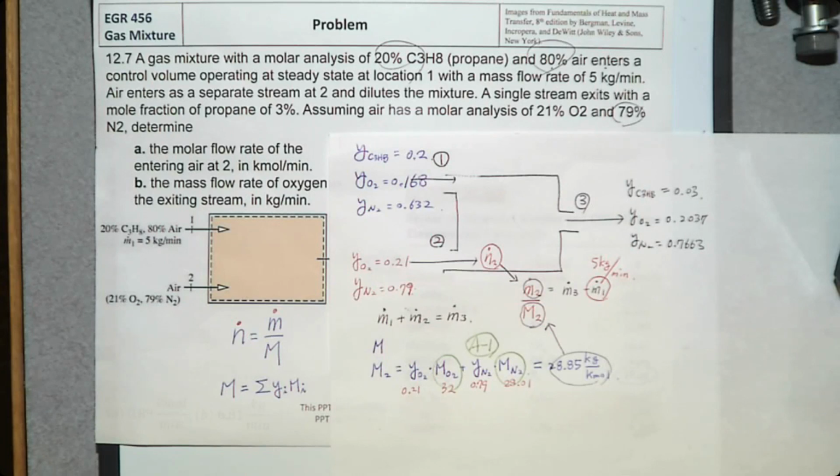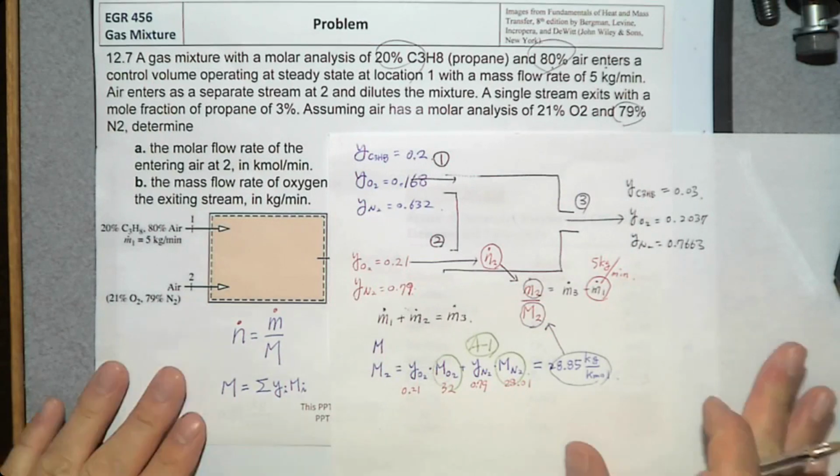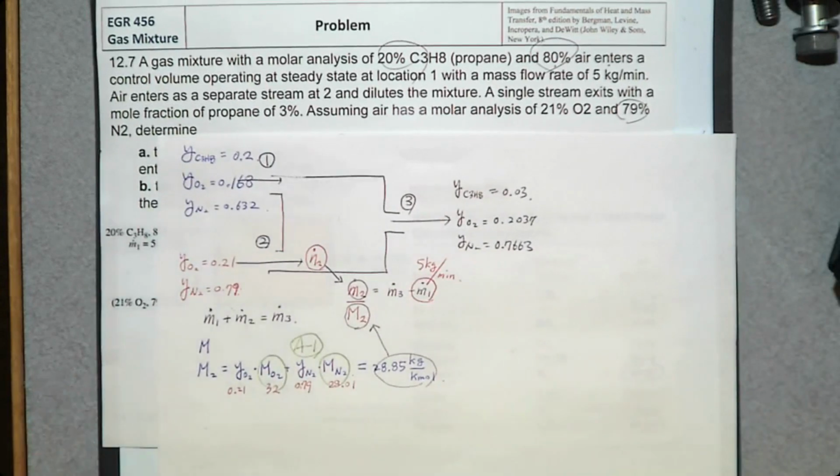The amount of propane should be constant between the inlet and the exit. So you can say M dot of propane at the inlet number 1 is the same as M dot of propane at the exit number 3.